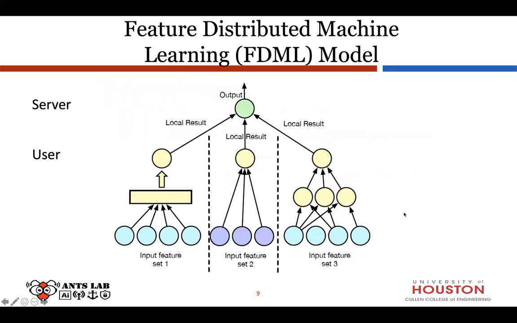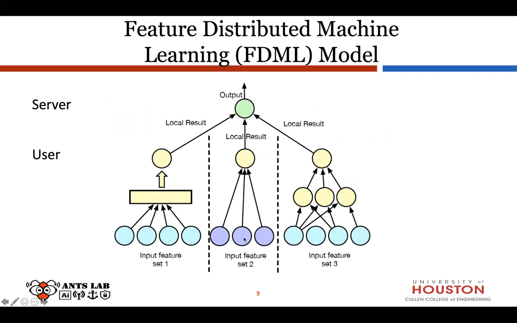This is the overall architecture of their proposed model. It is a parameter server architecture. From the user point of view, we have three subsets of the input features, and each set corresponds to a local model. For example, this is the input feature of user one, and this is the local model of user one.